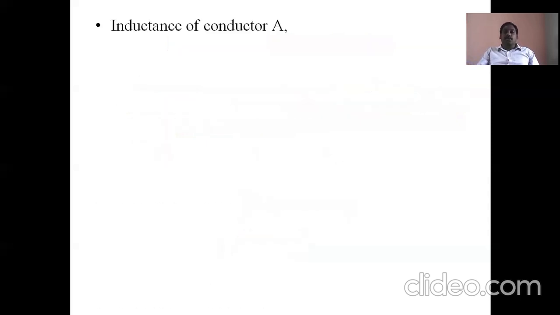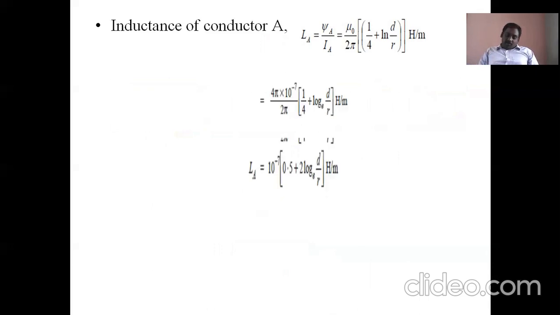We get the total multiplication. So the inductance of conductor A, we consider the formula La is equal to psi A by Ia. If we substitute psi A in this equation, Ia gets cancelled out. Finally, mu naught by 2 pi into 1/4 plus log e d by r, and mu naught is 4 pi into 10 to the power of minus 7, divided by 2 pi, times 1/4 plus log e d by r.